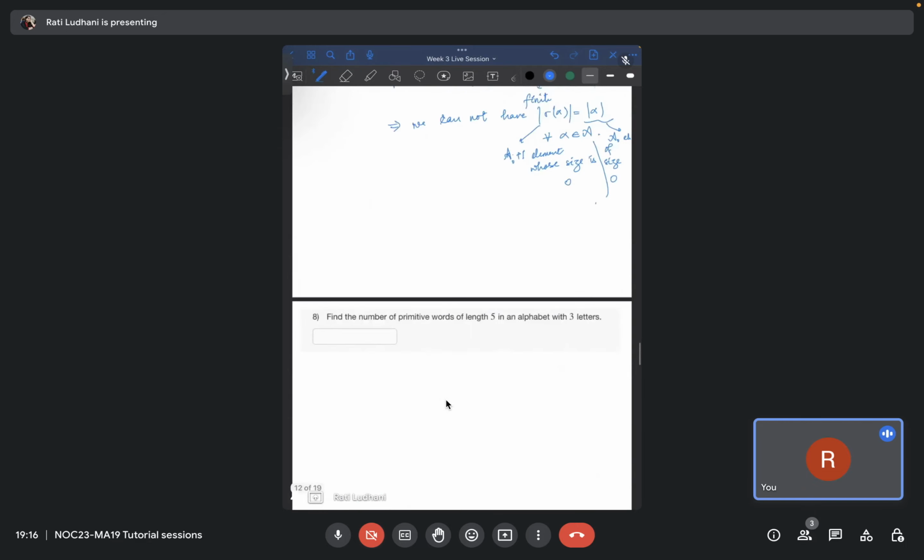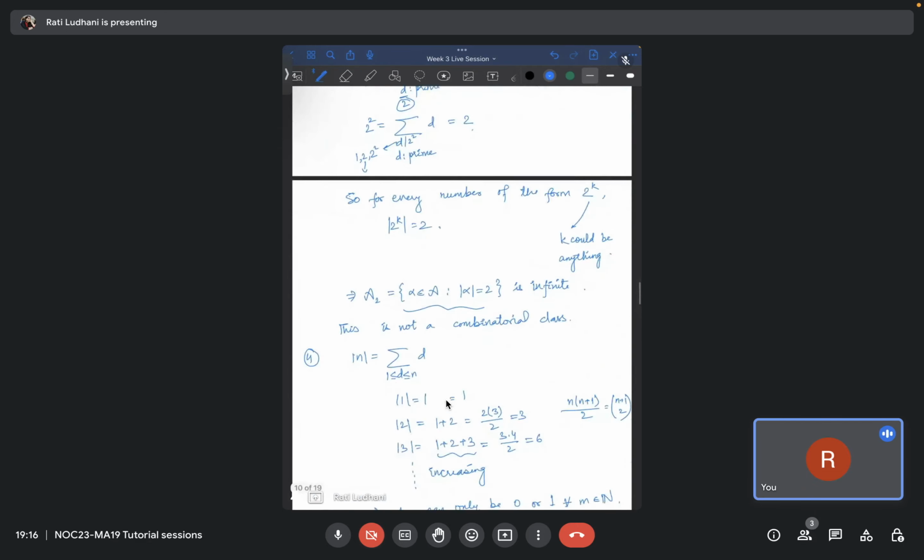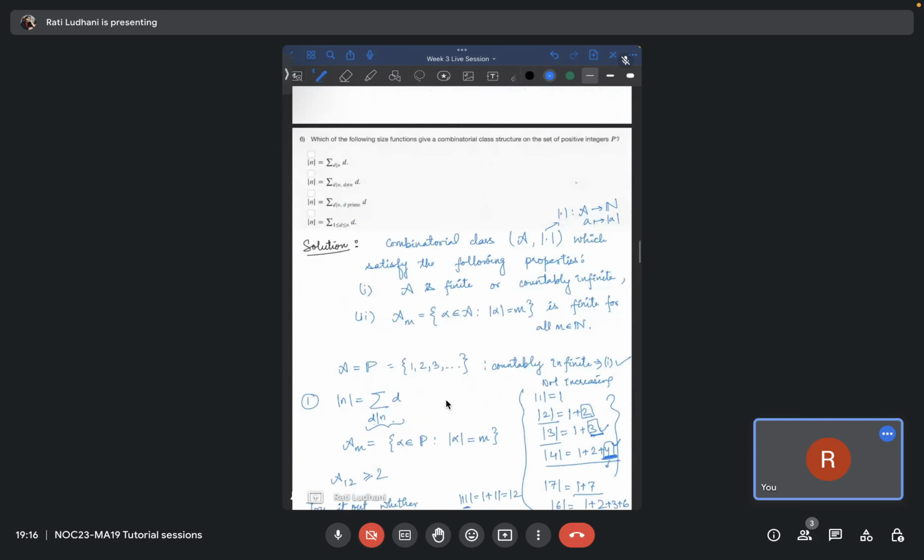So basically, what is a combinatorial class? Combinatorial class is this. If you have a set A with some size function, there is a function which is defined on A, which maps every element of A to some element of the natural numbers starting with 0.